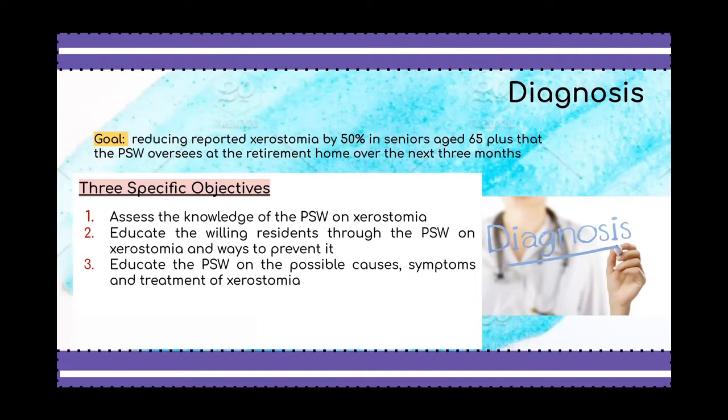The first objective was to assess the knowledge of the PSW on xerostomia, which we did through the preliminary quiz. And then as a result, we want her to be able to educate the willing residents through the PSW on xerostomia and ways to prevent it. Finally, we want to educate the PSW on the possible causes, symptoms, and treatment of xerostomia.